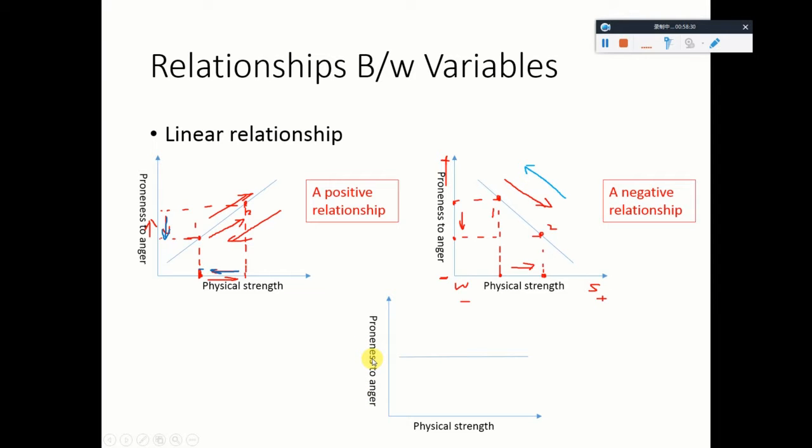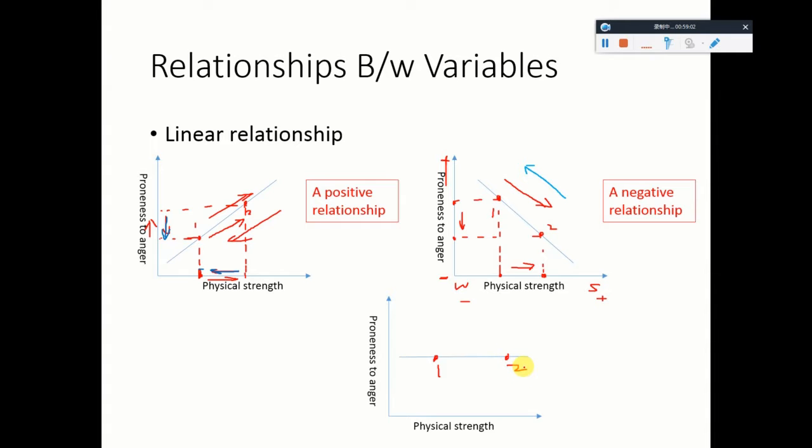Oops, I gave the answer. The answer is a flat line that is parallel to the x-axis. Why does this make sense? It's because, again, we can designate 2 points on this line, point 1 and point 2.